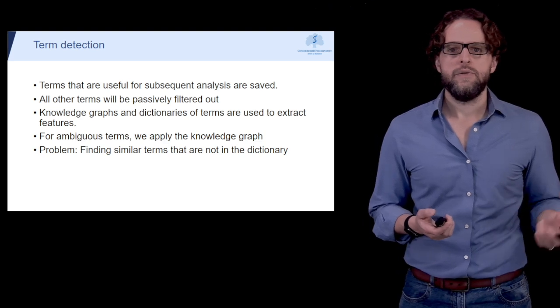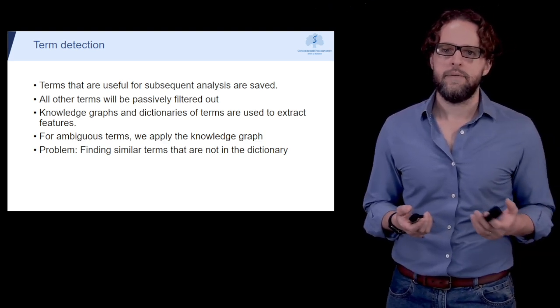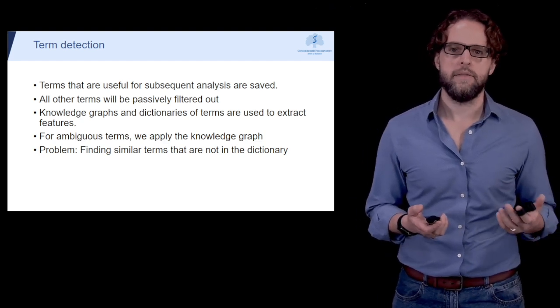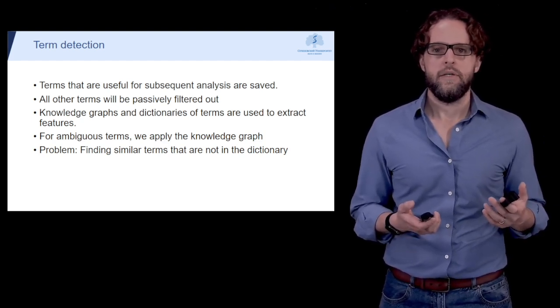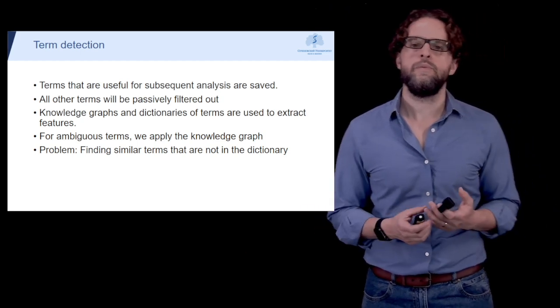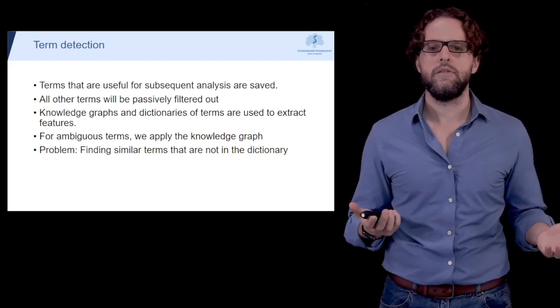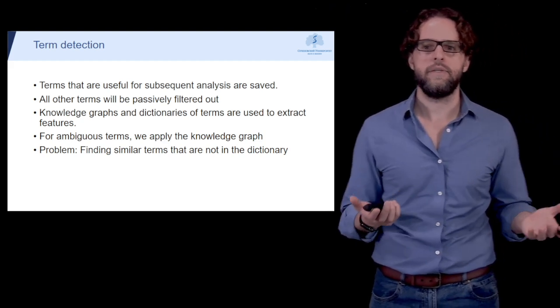The knowledge graph can also help to decide which terms are ambiguous, meaning these terms have several meanings, so we will not be able to use them without additional contextual identification.